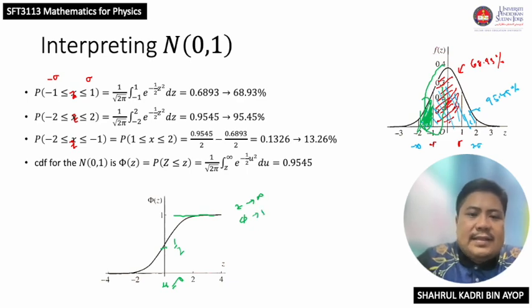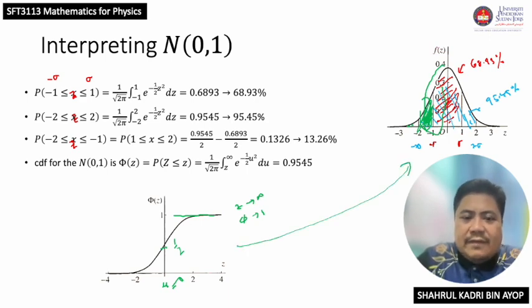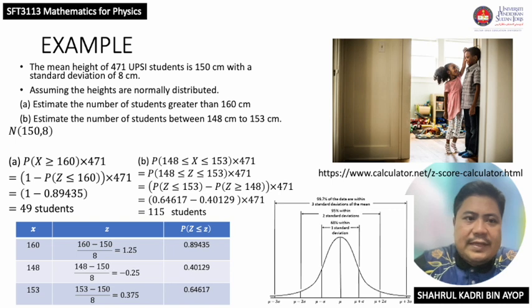Okay, so you can see that this is the calculation of the area under the graph. So you can see the probability becomes increasing cumulatively.